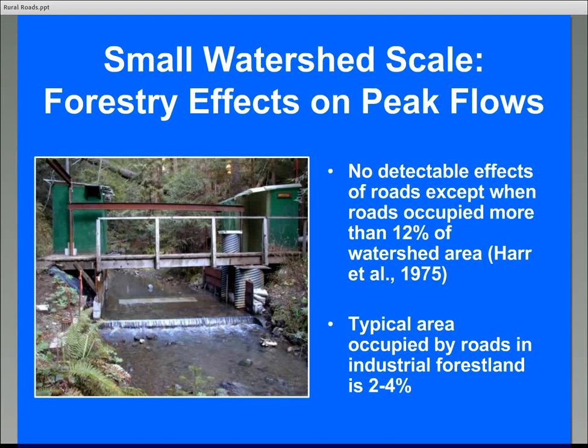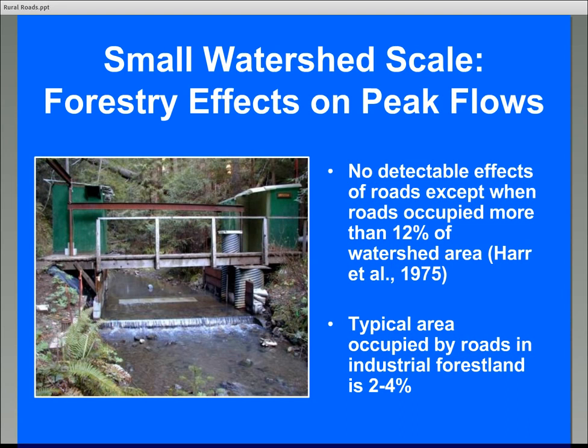The only paired watershed study that did show effects due to roads was in the Oregon Coast Range, where they found detectable effects on peak flows when roads occupied more than 12% of the watershed area. Now that was a very, very small watershed that they ran the study on, and of course, as you shrink a watershed down, road area can make up a larger percentage of the total watershed area.